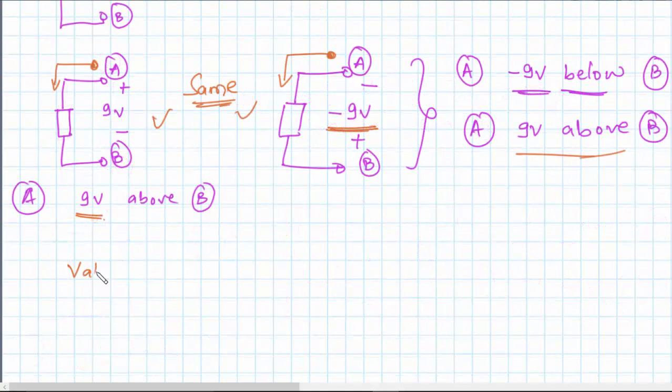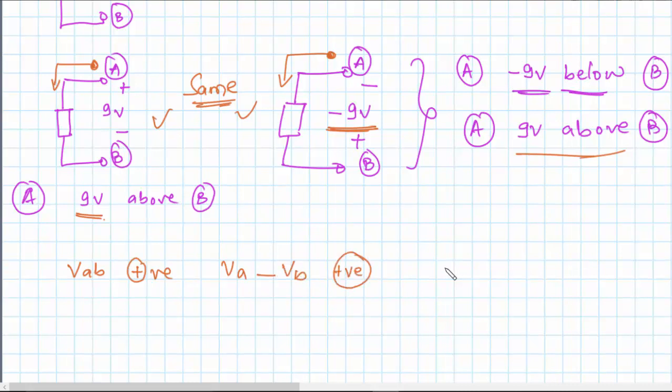When I write VAB as positive, then VA minus VB is positive and A is at higher potential than B. When I write VAB as negative, then VA minus VB is also negative, which means that A is at lower potential than B. This is very important.